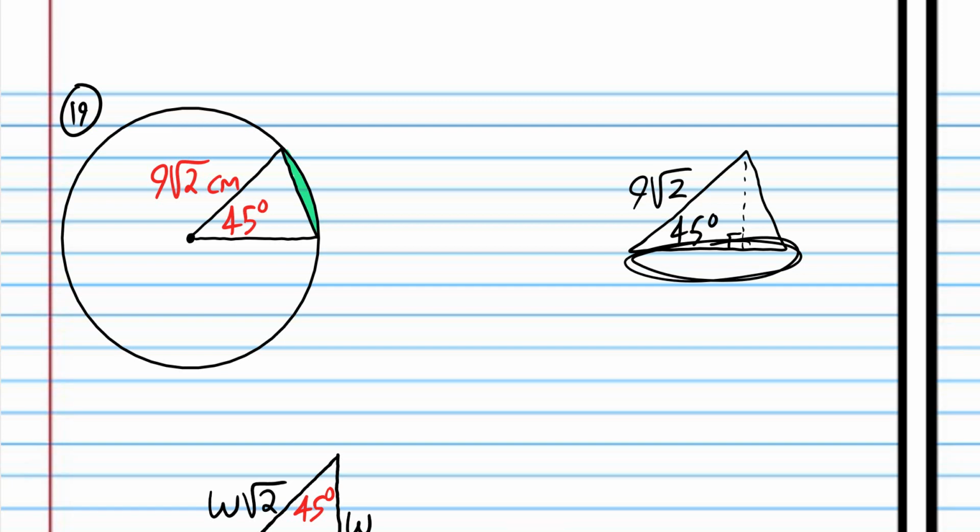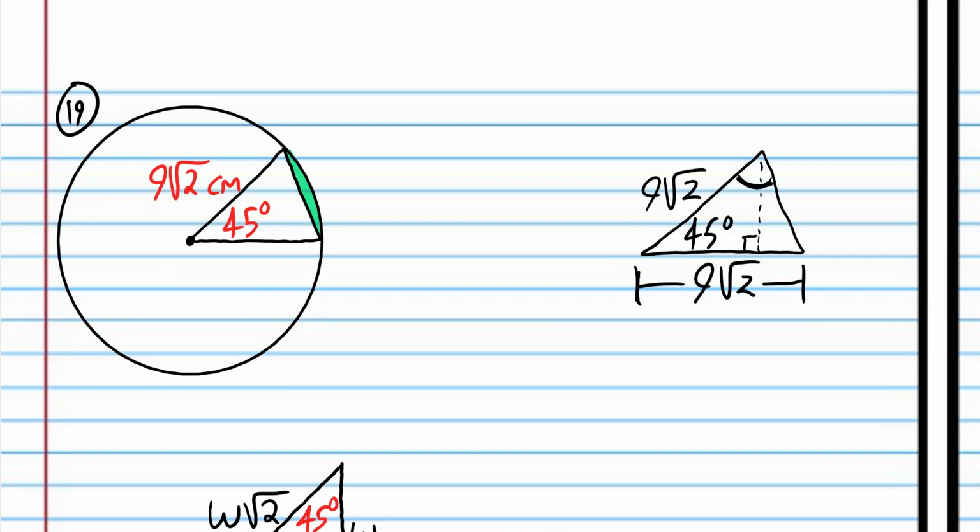That's just 9 root 2 because that's this side here. That's a radius. So we can just put 9 root 2. And so all we really have to do is find the height. And we don't need to know anything about these angles here because, again, we're just doing this a different way. We could just drop it down and break 45 in half, but this is going to be easier because we're going to use this special triangle.